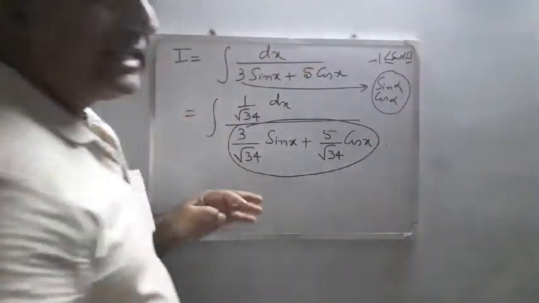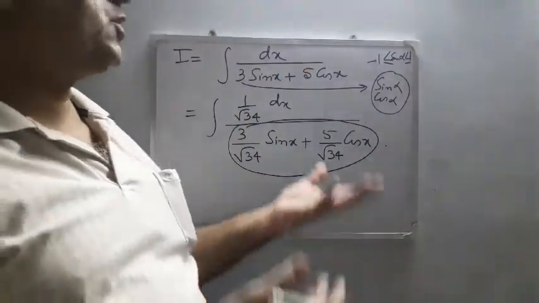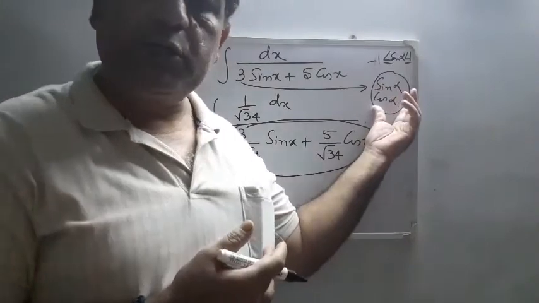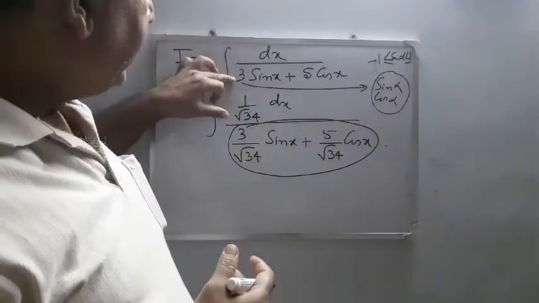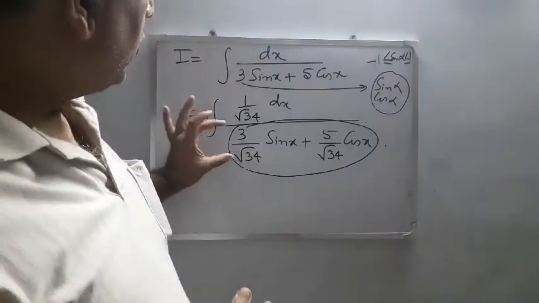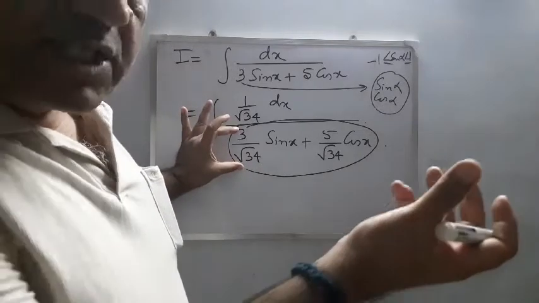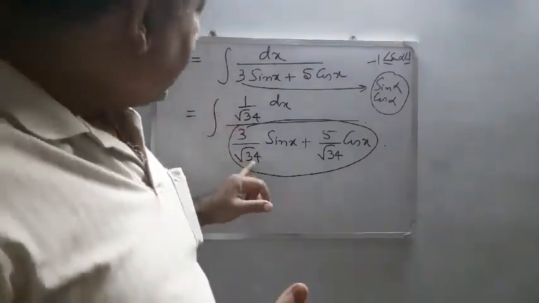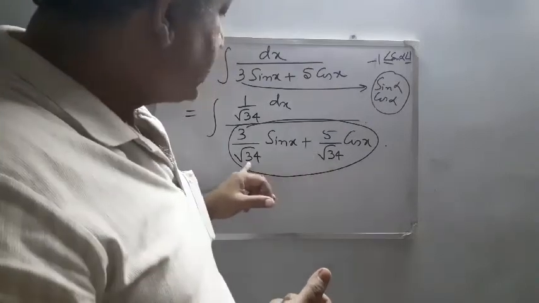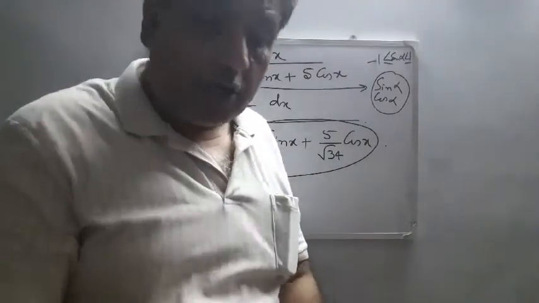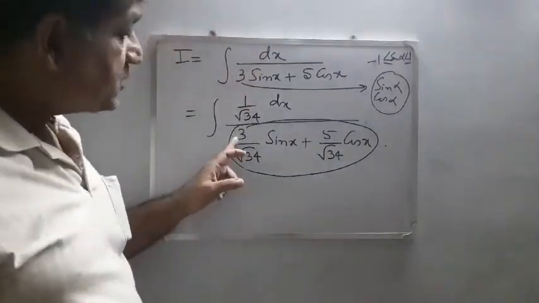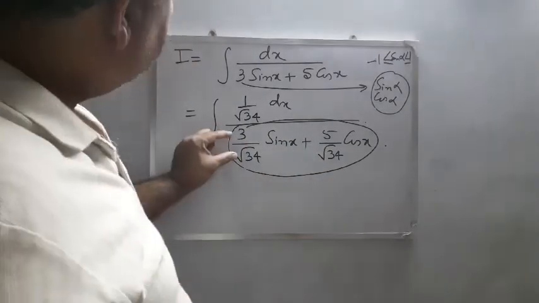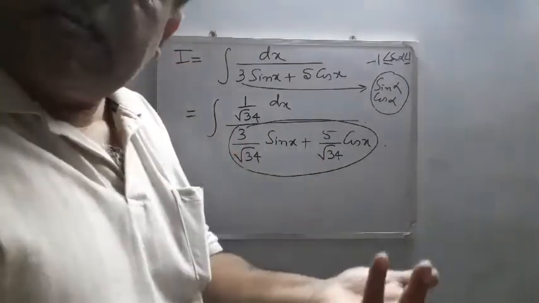You know that sine alpha lies between -1 to 1, cos alpha lies between -1 to 1. But if we divide it by root 34, the whole expression becomes smaller than 1. Now we are able to reduce these two expressions in terms of sine and cos. So you can take this expression in terms of sine or this expression in terms of cos. This will depend on you.